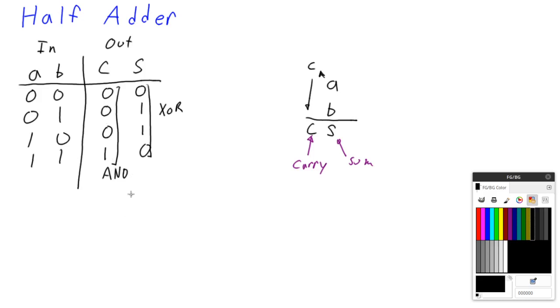So that means if we want to add A to B, we can take our AND gate, and we can also have our exclusive OR gate, and we can just take A and B and feed them in there, right?